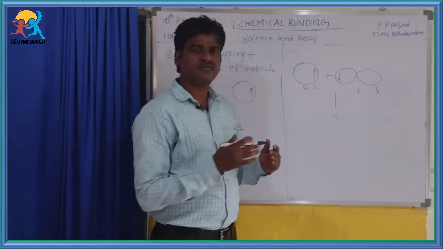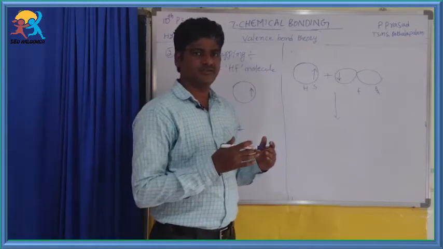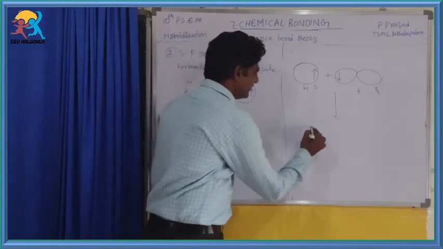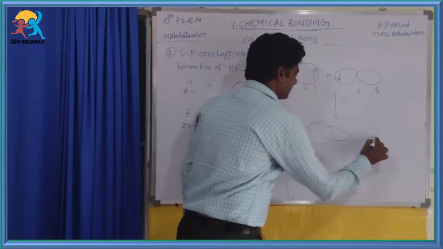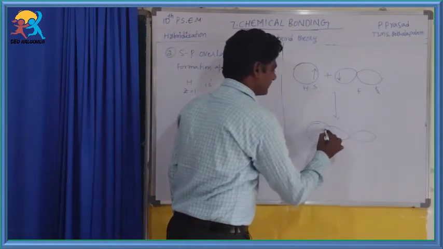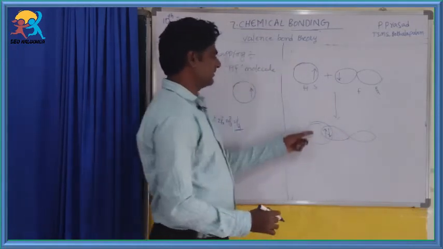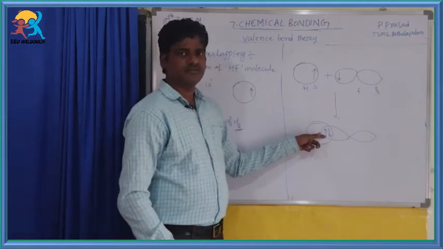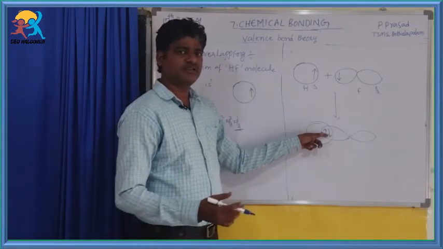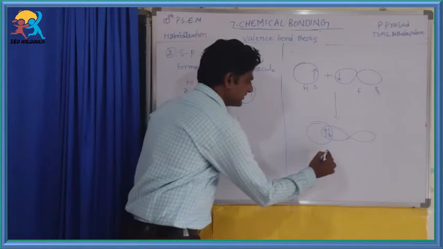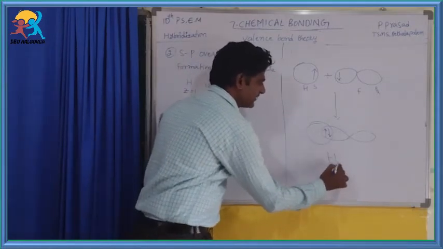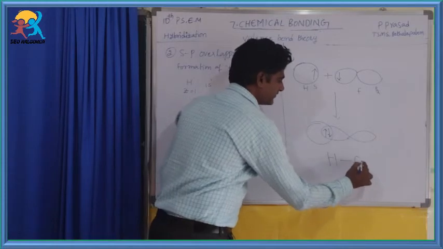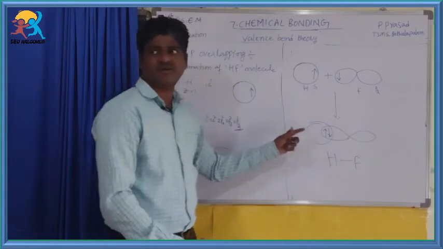When these two atoms come closer, partial merging, overlapping takes place, like this. That means the electron pair is shared between them. It is also represented by symbols. This is the hydrogen atom, this is the fluorine atom. Like this, the HF molecule is formed.